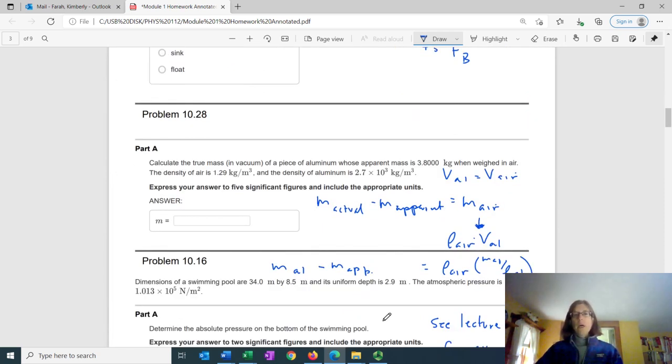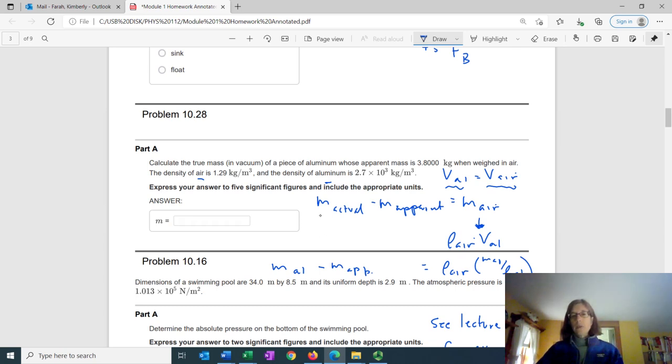All right, the next problem asks you to calculate the true mass of a piece of aluminum. Its apparent mass is weighed in air. And they're giving you the density of air, the density of aluminum. So what we know is that the volume of the aluminum is going to displace an equal volume of air.